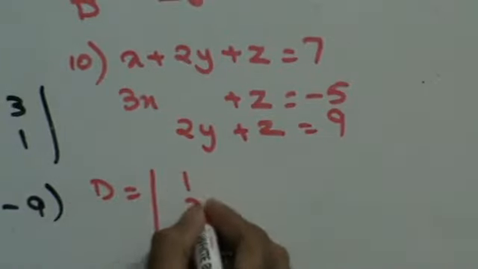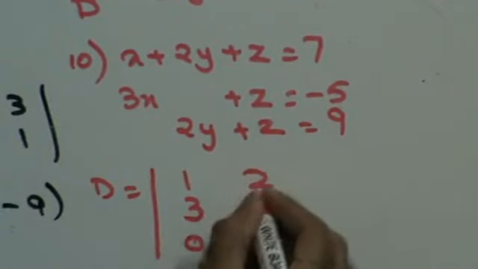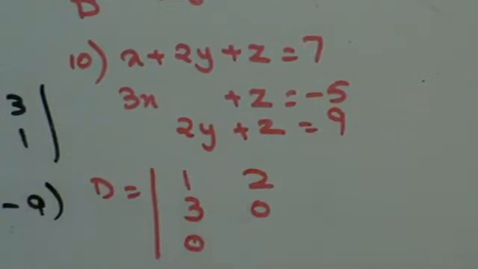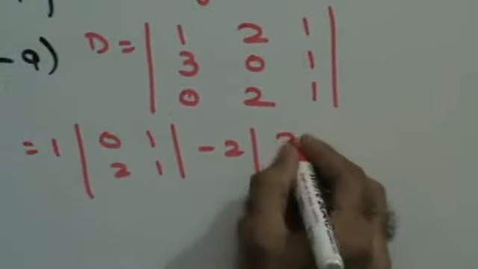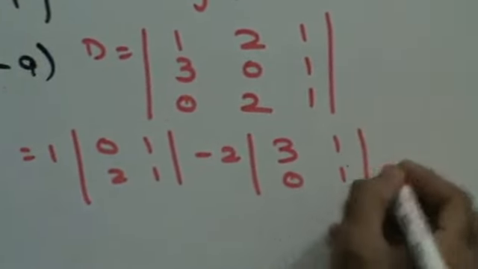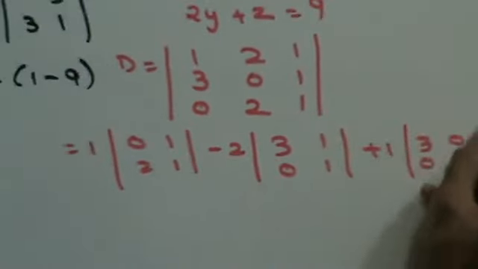D will be 1, 3. Since x is missing, I'm going to assume this to be 0. Then 2, y is missing, I'm going to assume that to be 0. So 2, 0, 2, 1, 1, 1. Right? Now, this is going to be 1 times 0, 2, 1, 1, minus 2 times 3, 0, 1, 1, plus 1 times 3, 0, 0, 2.